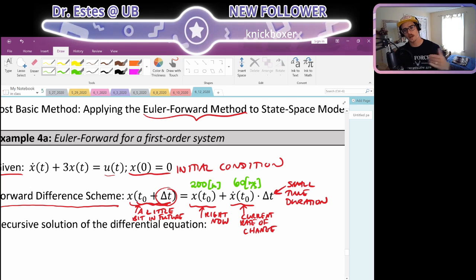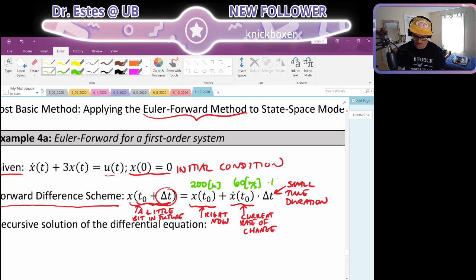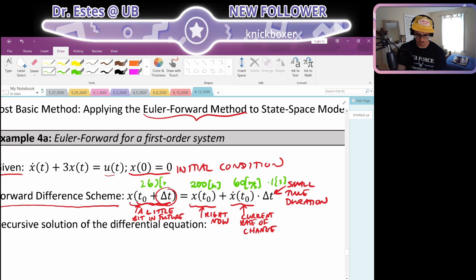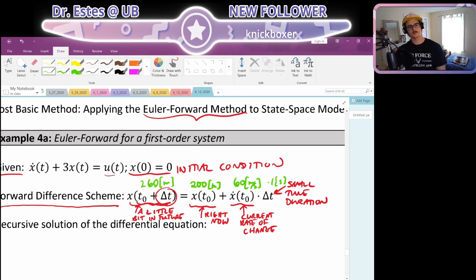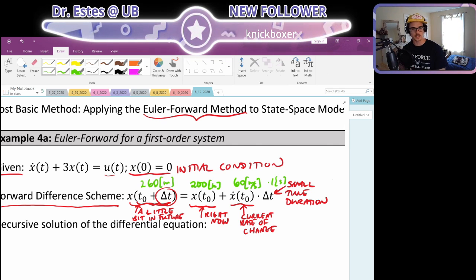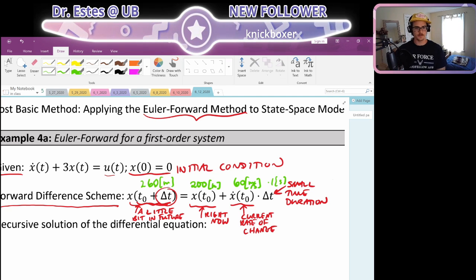You might ask, how far am I going to be a second from now? So you multiply the rate by 1 second. By this prediction, if I maintain that speed, 1 second from now I'll be at 260 meters. That's all this equation is saying. It's an approximation: if you know your rate of change, where are you going to be in the future?